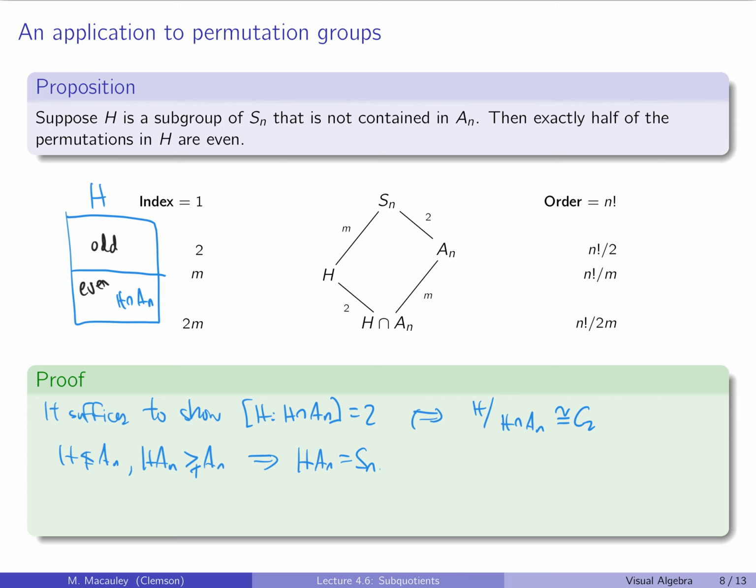So then, by the diamond theorem, H mod H intersect An is H An over An, which is Sn over An, which is isomorphic to C2. You probably didn't need me to actually write this, did you? It's all in the picture.